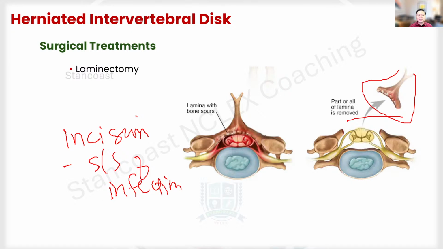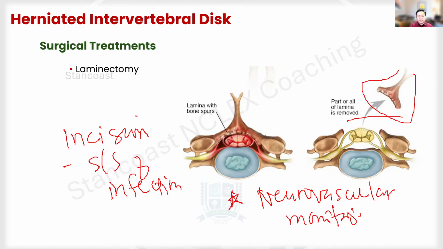Definitely this patient is a fall risk, a huge fall risk. The recovery will last for weeks and months. And again, the patient will require lots of neurovascular monitoring. This is another key nursing action, neurovascular monitoring.